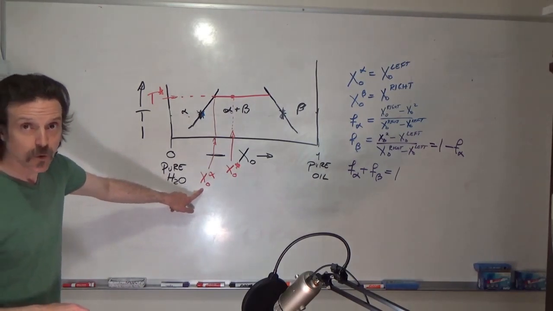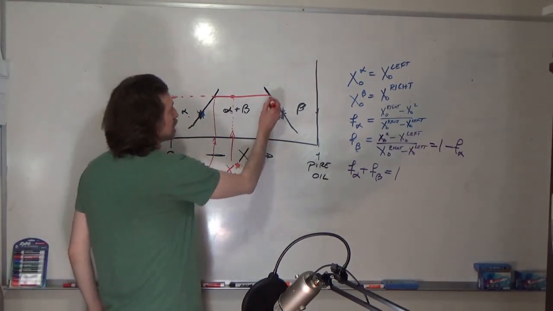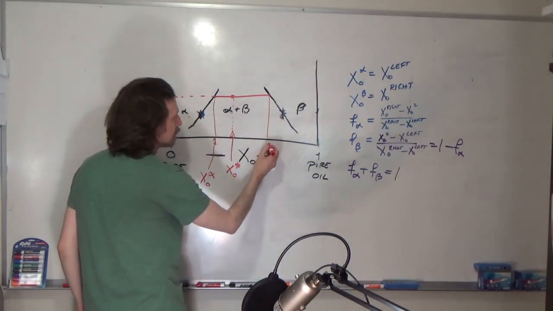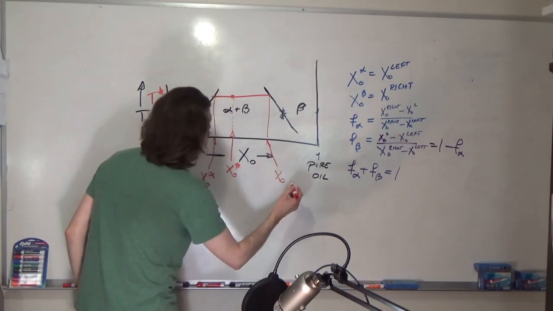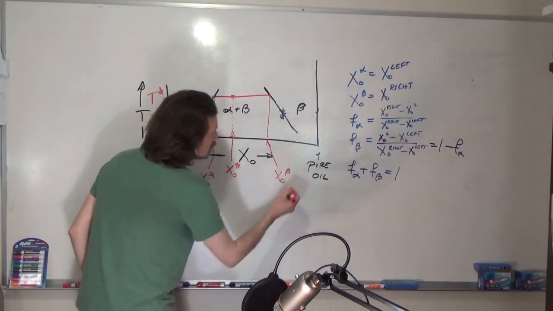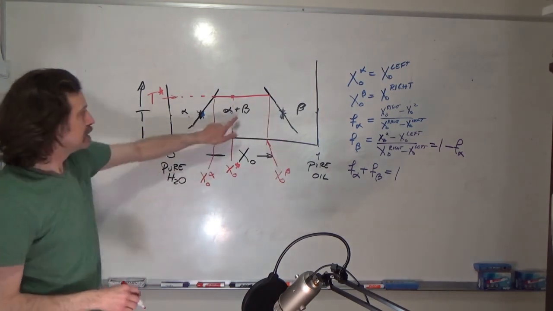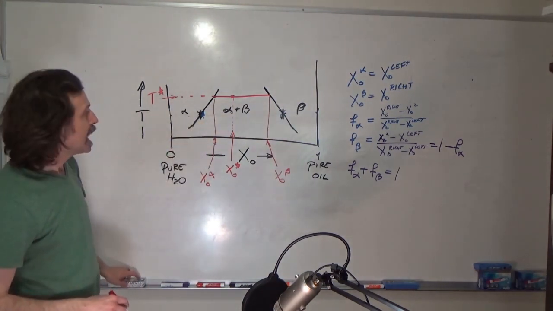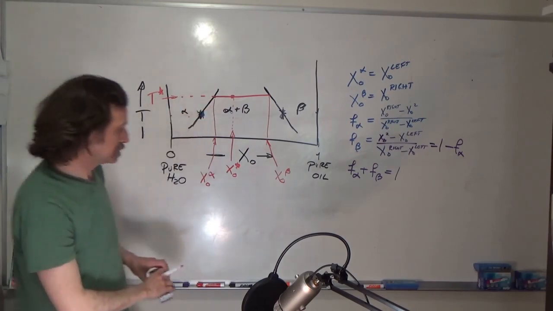That is the oil composition of the alpha, and this point, we drop a vertical line down. That point is XO beta. It's the amount of oil in the beta phase in our two-phase region. And now we can talk about the phase fraction.